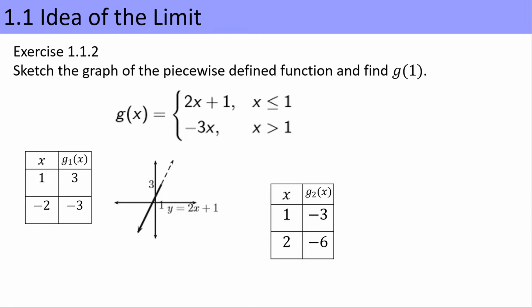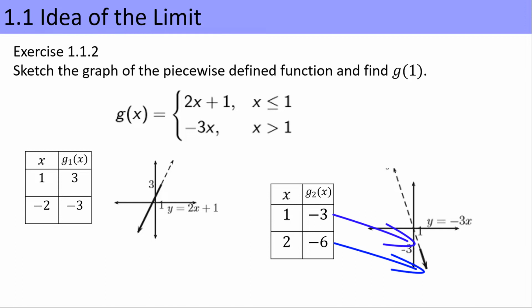Let's continue, and I will evaluate at x value 2. Negative 3 times 2 is negative 6. So with these 2 points, we'll locate the ordered pair 1, negative 3 and the ordered pair 2, negative 6 and connect. We get a decreasing line that goes through the origin.